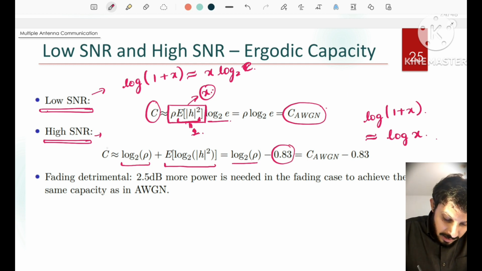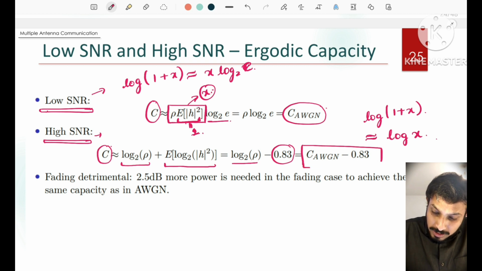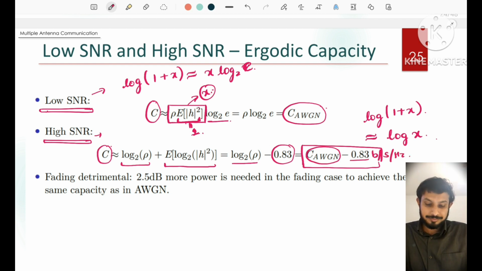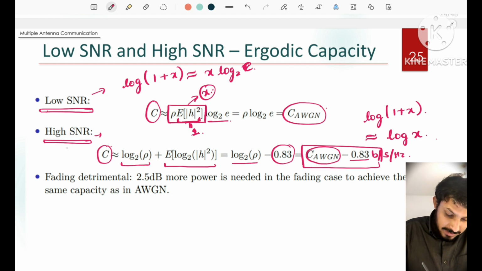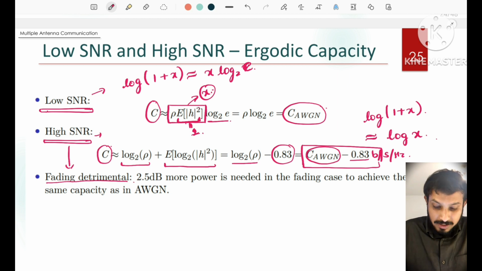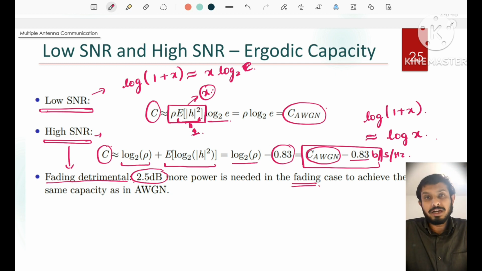That means now the ergodic capacity is equal to the capacity of AWGN minus 0.83 bits per second per hertz. So what it implies is in high SNR scenarios, fading is detrimental. That means 2.5 dB more power is needed in case of fading to achieve the capacity equal to the AWGN channel.